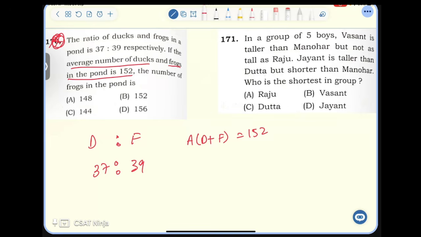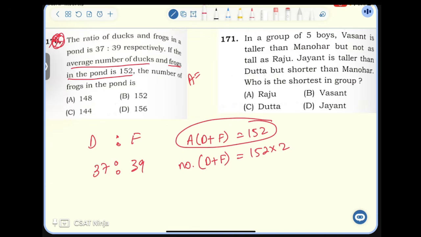So what was the formula for average? Average is nothing but sum divided by number of observations. The number of ducks and frogs is 152 into 2. Why 2? Because we have two terms here.